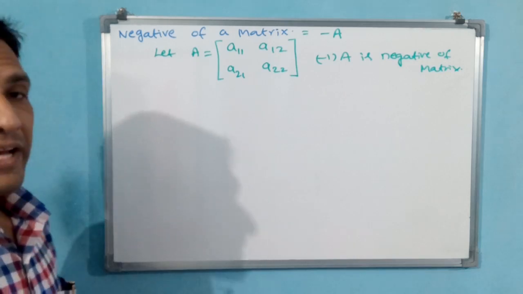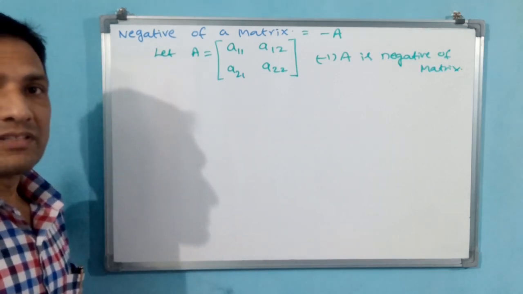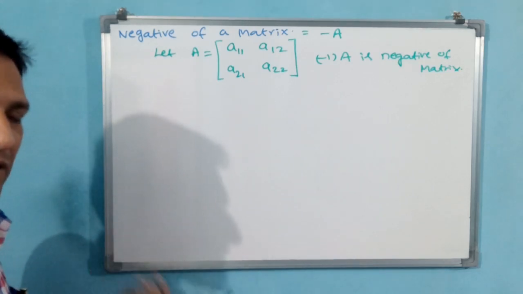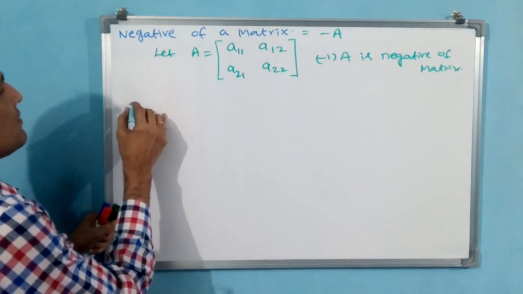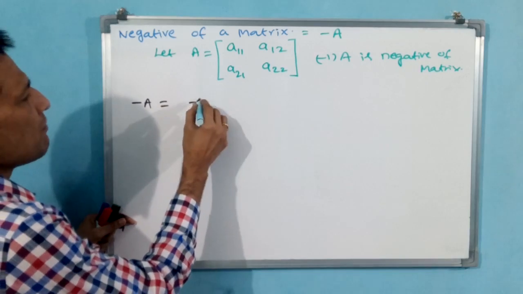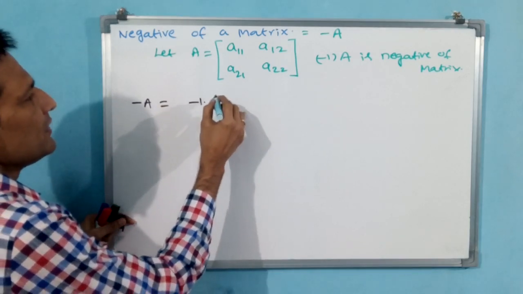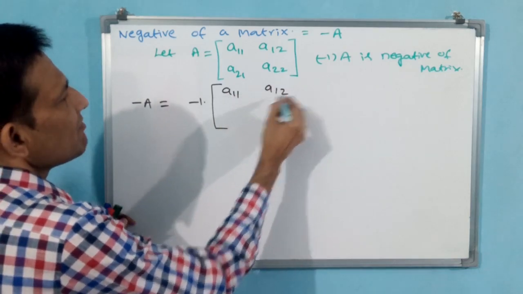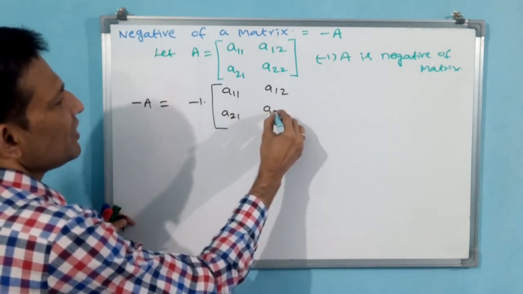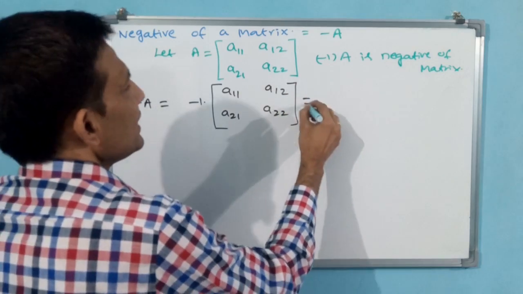Okay, minus 1 times A. What does minus 1 times A mean? Minus 1 here is a scalar. Minus A is equal to minus 1 into A, that is, minus 1 times the matrix a11, a12, a21, a22.